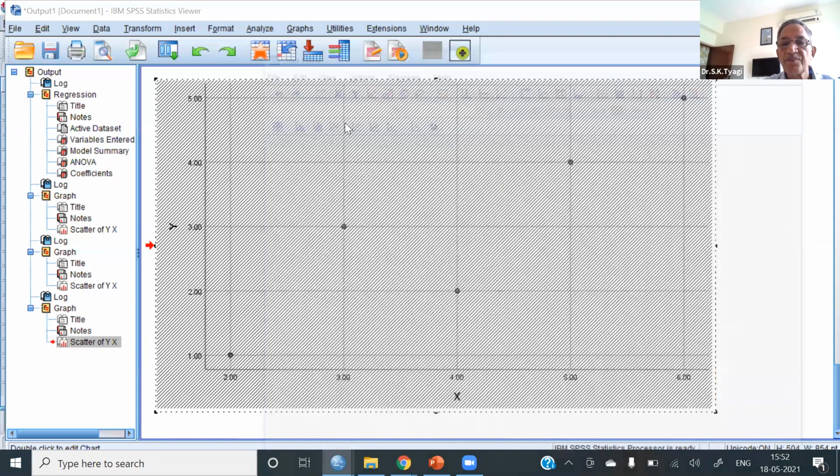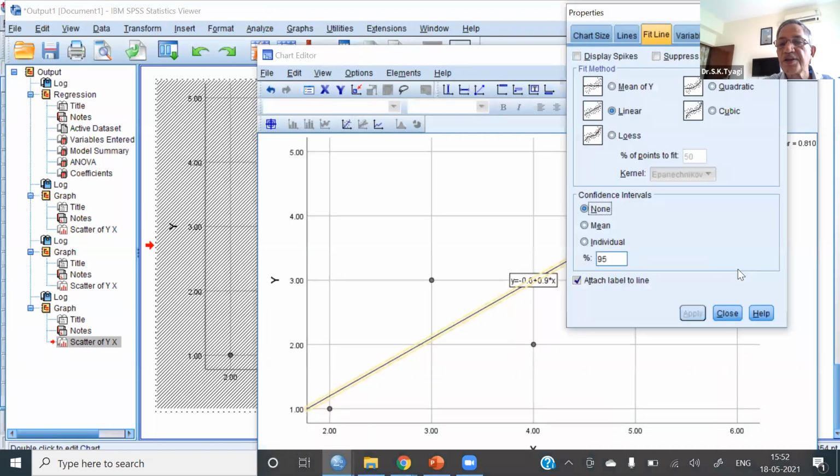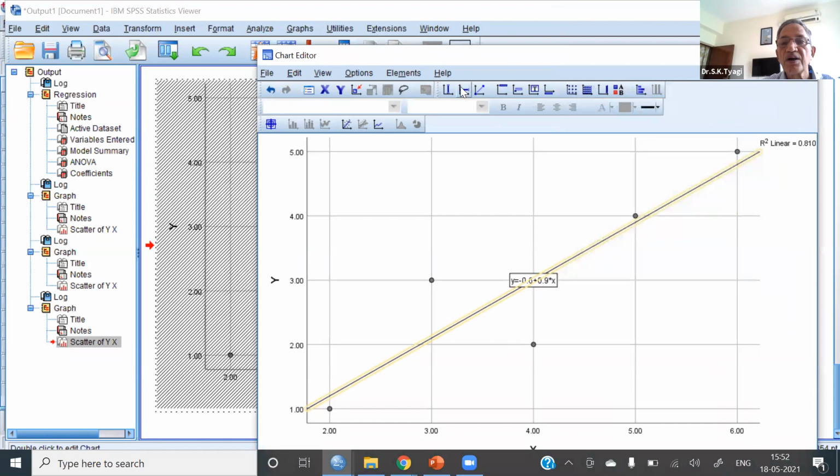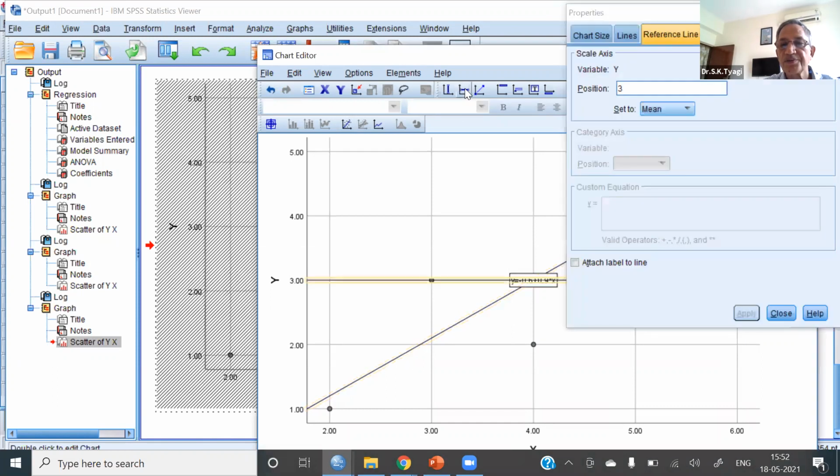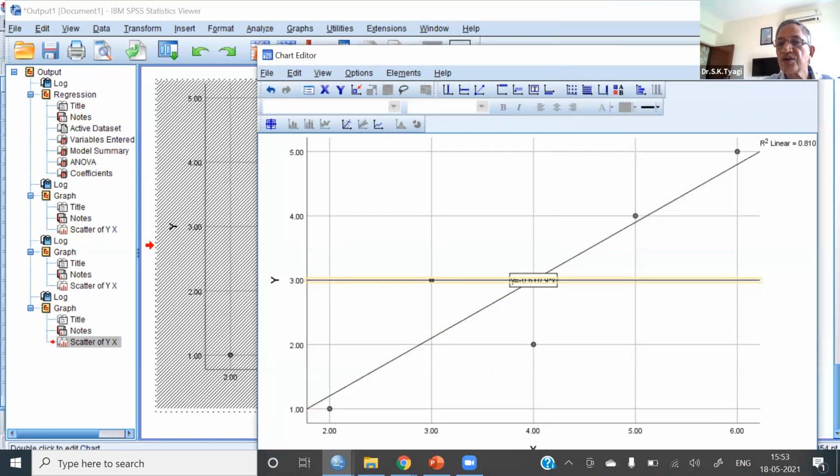Now fit the line, and once again add a reference line to the y-axis. So you get both of these lines. Its position is set to mean. So actually we cannot draw spikes in this graph.